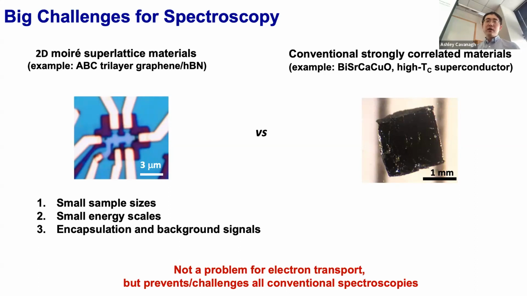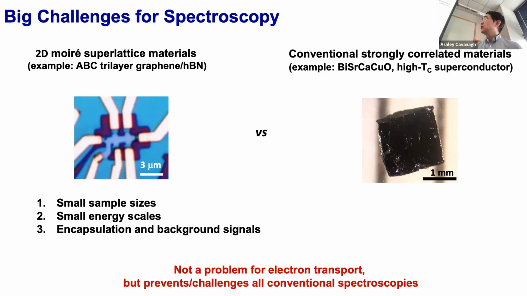And the second thing is the energy scale of this Moiré system is so small because the spatial period of the Moiré superlattice is way bigger than the atomic lattice scale. As a result, the momentum space and the associated energy scales relevant for the Moiré system are much smaller. And that makes spectroscopy measurement also hard.